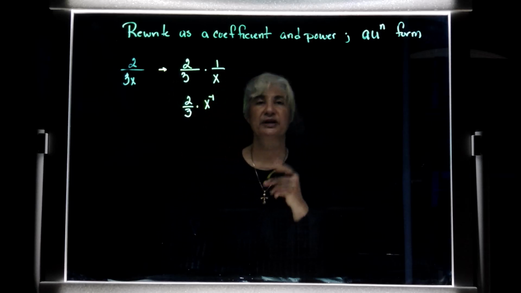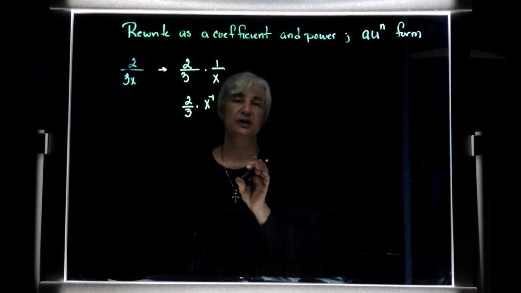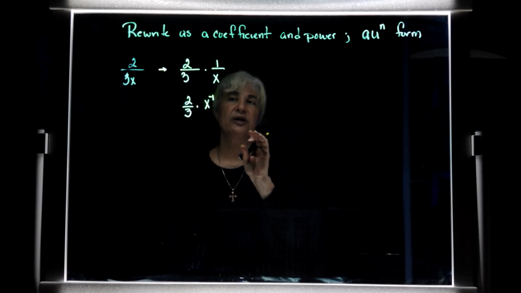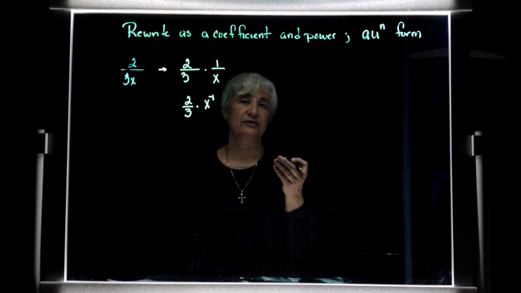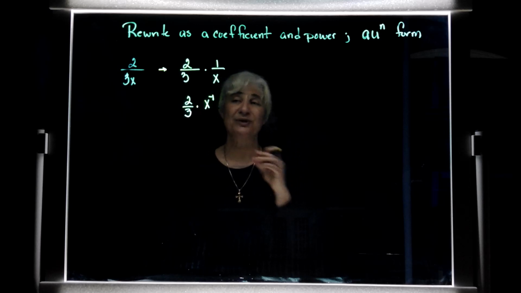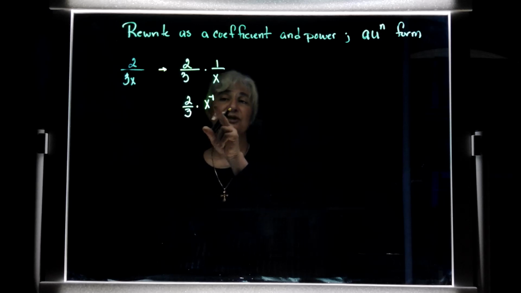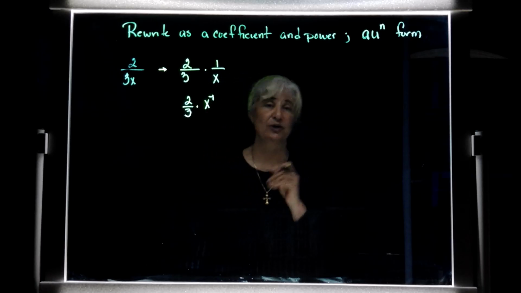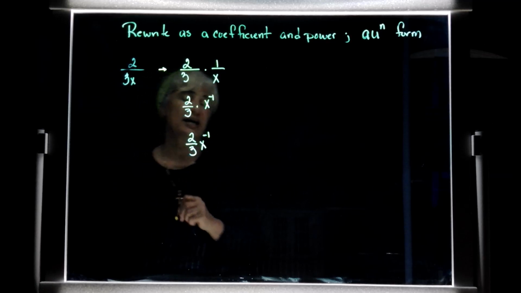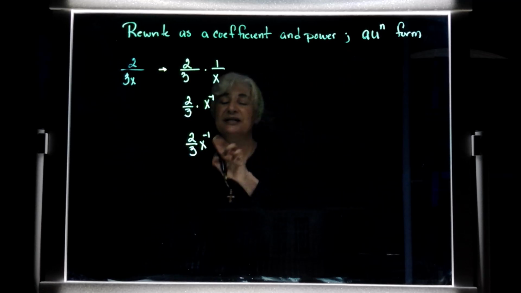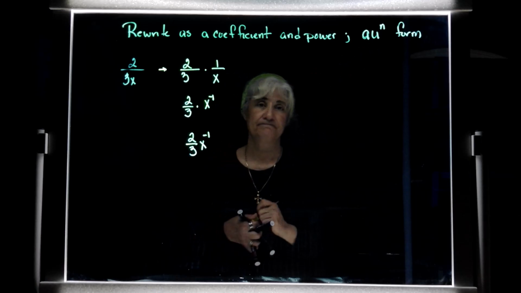You need to remember that if you're taking a variable and bringing it to the numerator, its power is going to change to a negative, which tells me that was not the original location. The original location was it being in the denominator. So in this particular case, your coefficient is 2/3 and your power is x to the -1.